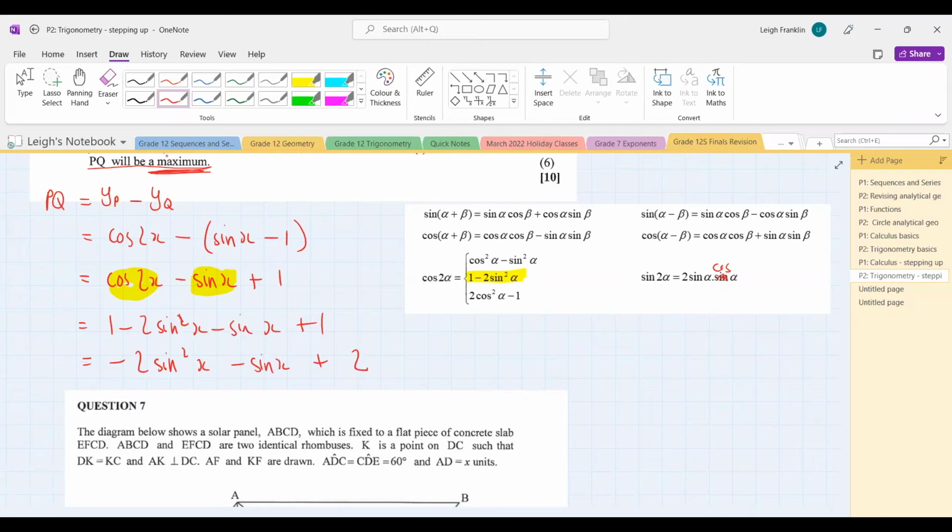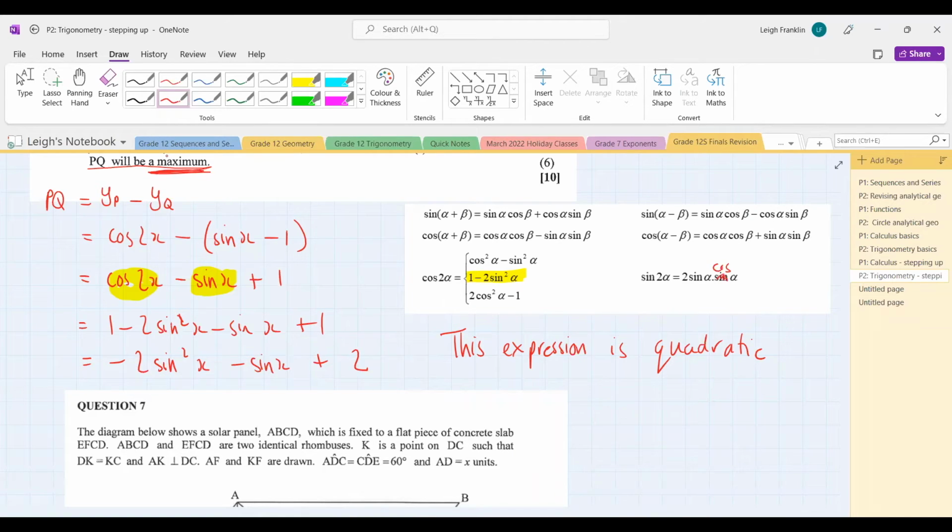Okay, this expression is quadratic. It has a sine squared x, a sine x and a constant term.